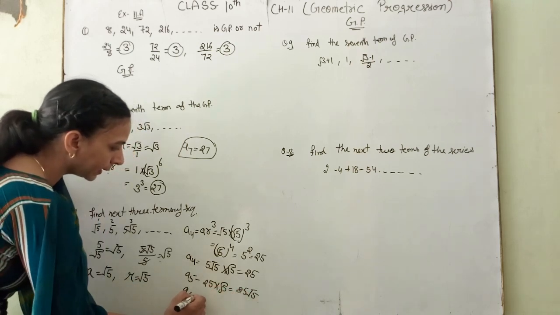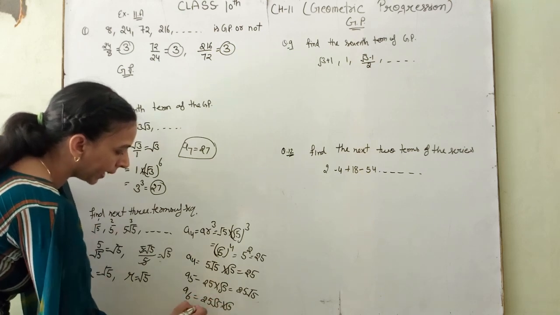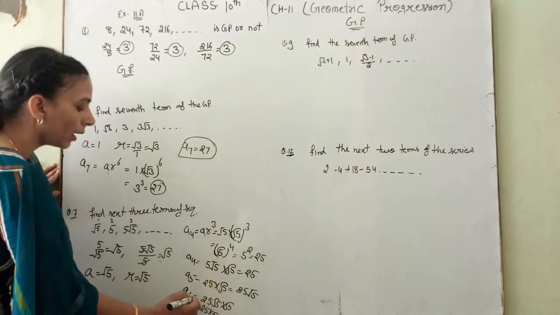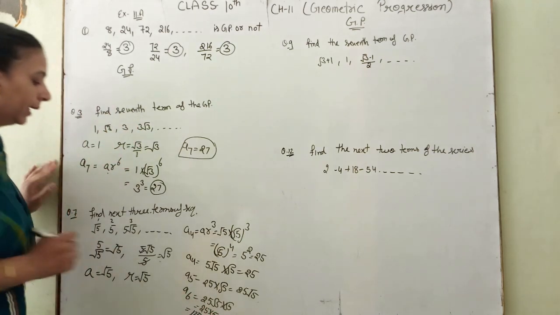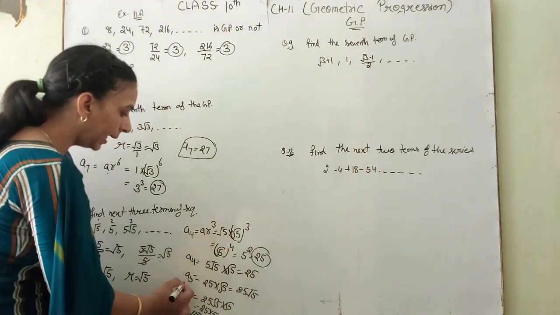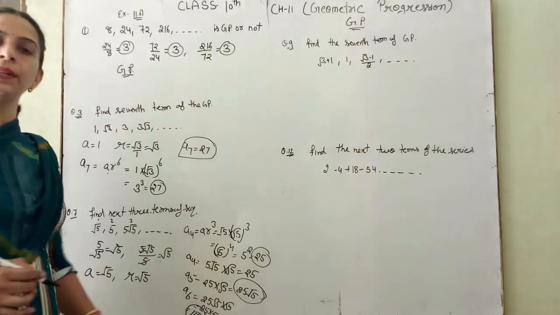Next, the 6th term: 25 root 5 multiplied by root 5 means 25 multiplied by 5, which is 125. So the next 3 terms are A4 equals 25, A5 equals 25 root 5, A6 equals 125.